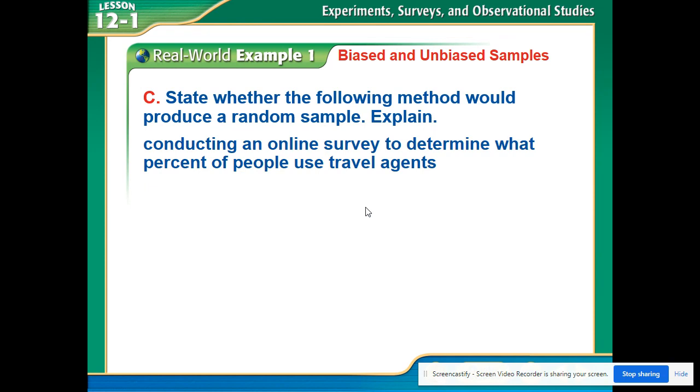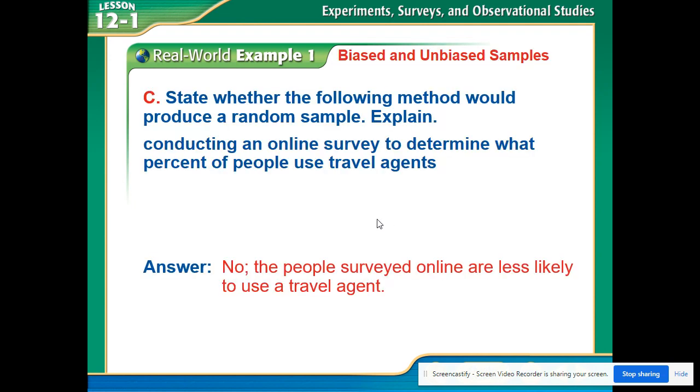So if you're comfortable being online and answering surveys, aren't you comfortable enough booking your own stuff so you don't really need a travel agent? It depends on how you look at it, and sometimes the question is that way. The people surveyed online are less likely to actually use a travel agent. So depending upon your justification, you could argue either way.